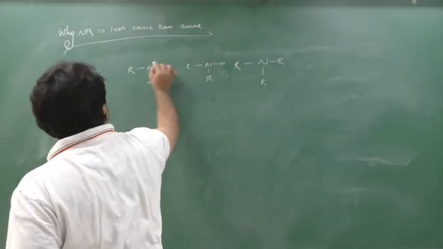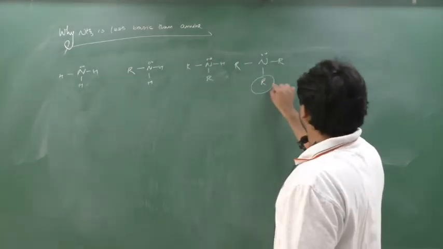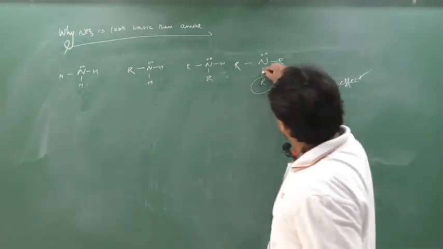There is a lone pair, lone pair, lone pair, lone pair. You know that R will show what? Plus I effect. Okay? So they will show plus I effect.